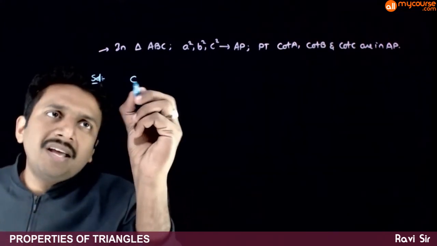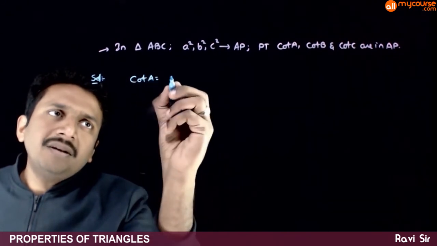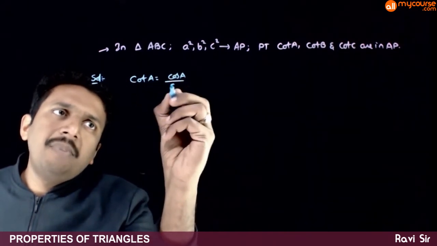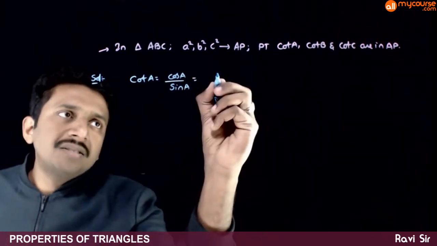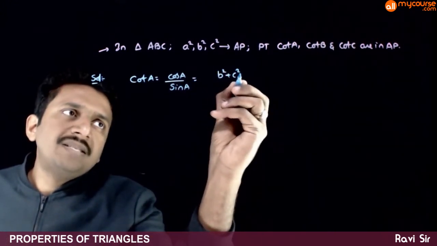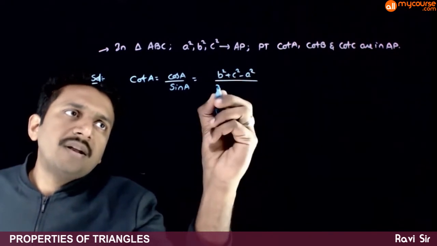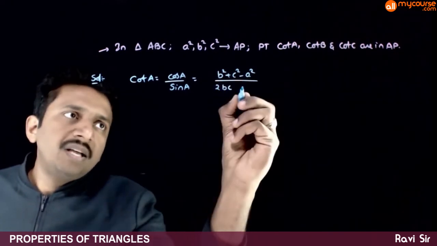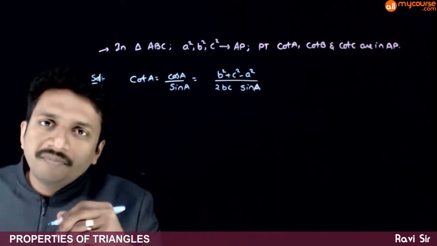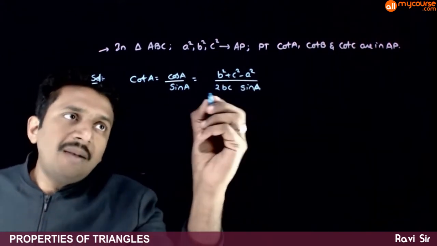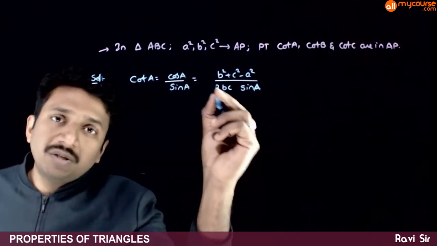So what is cot A? Cot A is nothing but cos A by sine A, right? That is equal to (b square plus c square minus a square) by 2bc into sine A, sine of capital A. So I'll multiply and divide this expression with a.